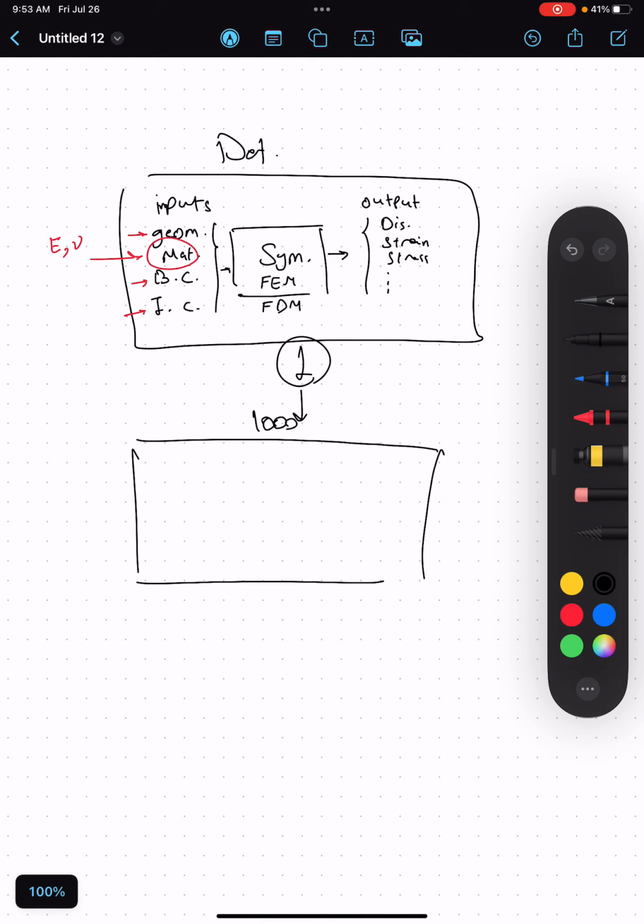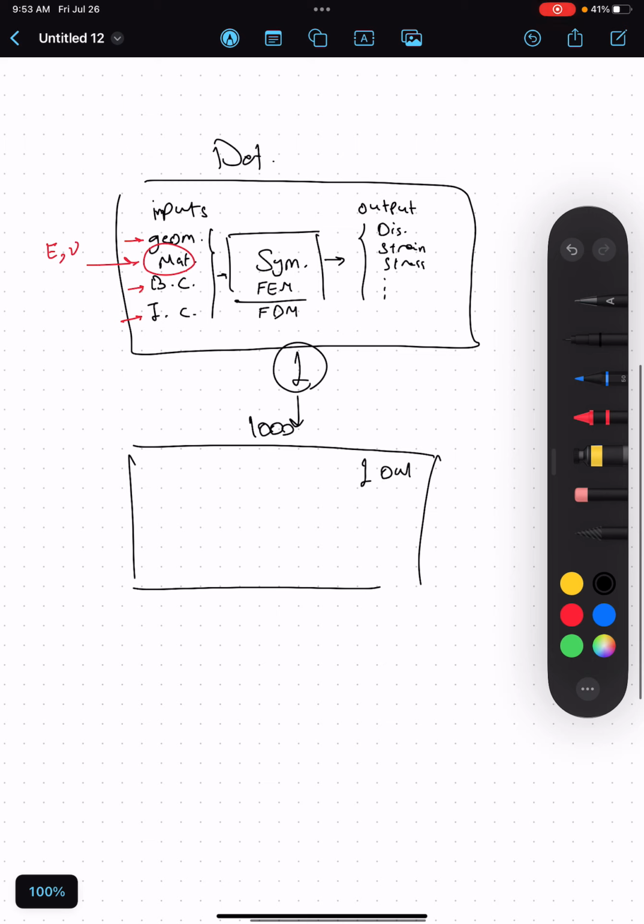And instead of one single output, we will have 1,000 outputs. So we compute an average and a standard deviation of the output. So we have this set of solutions.